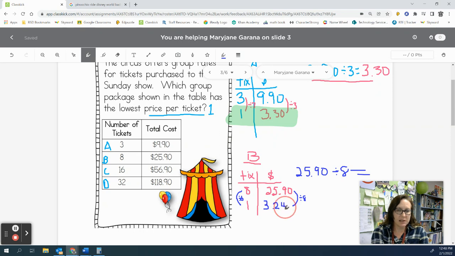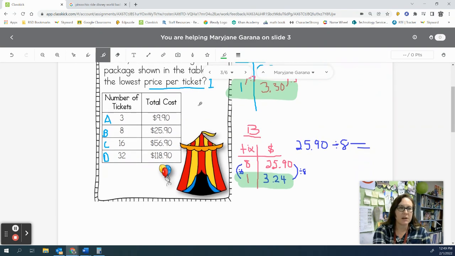Money doesn't go past the hundredths place. So package B has one ticket for $3.24. Which one's a better deal so far? Yeah, package B is a better deal because you pay actually 6 cents less.